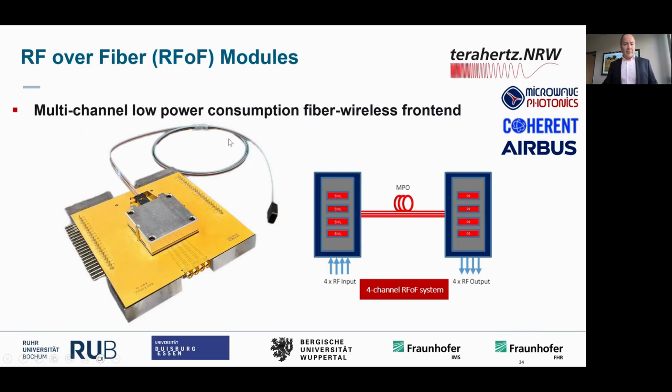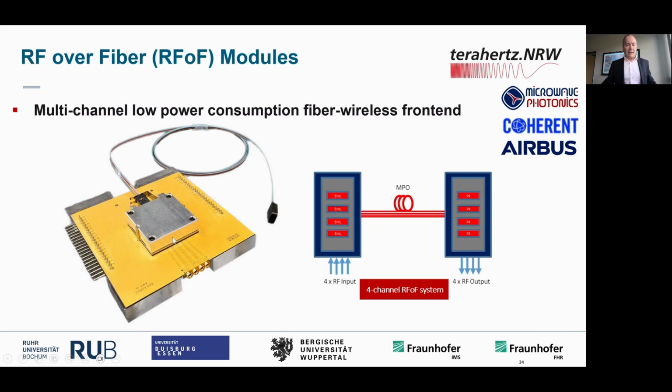This is one of the modules that we were developing in collaboration with some companies. It's a very tiny product and it consists of a couple of channels. This module allows you to send RF data, actually 4 channels of RF data, independently over this multi-terminal fiber.